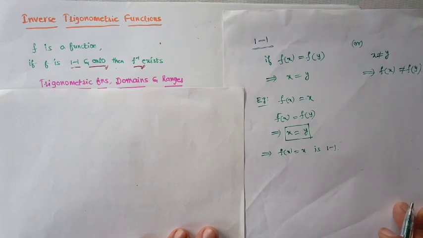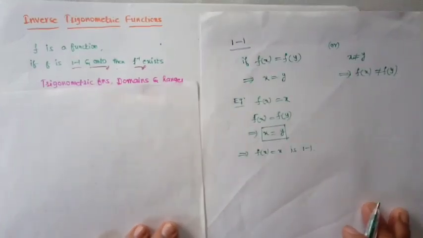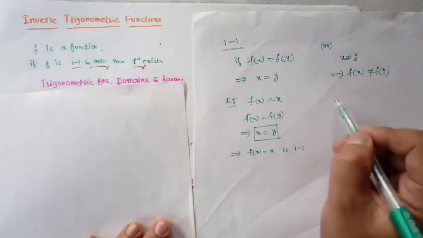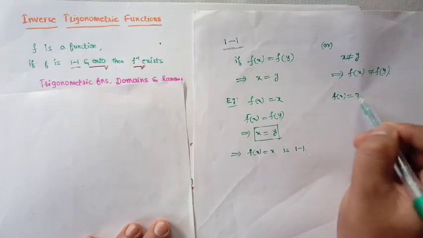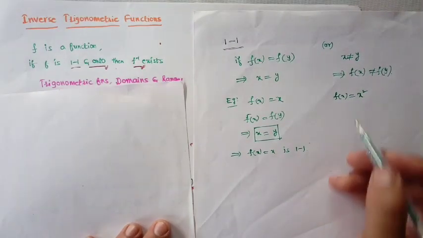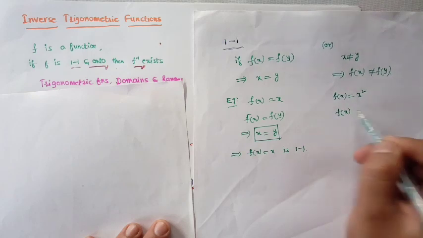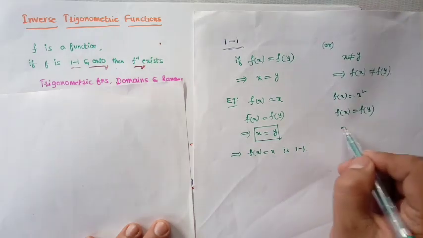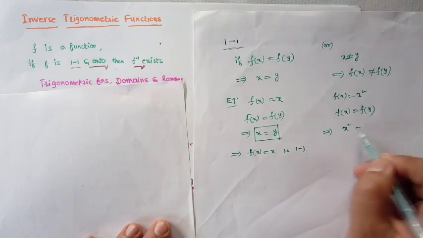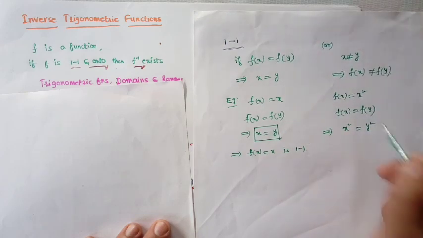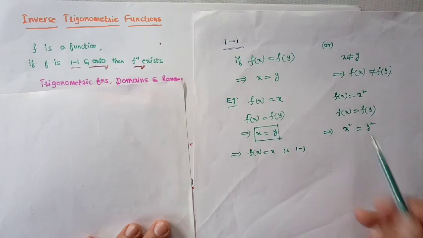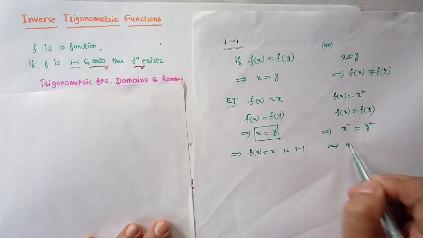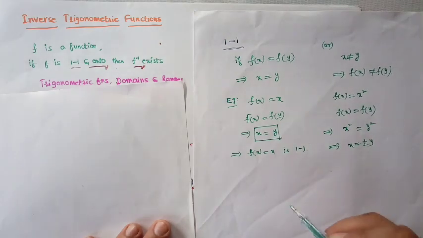Coming to the next, consider f of x is equal to x square. Then f of x is equal to f of y: f of x is x square and f of y will become y square. x square is equal to y square, then it can be written as x is equal to plus or minus y.